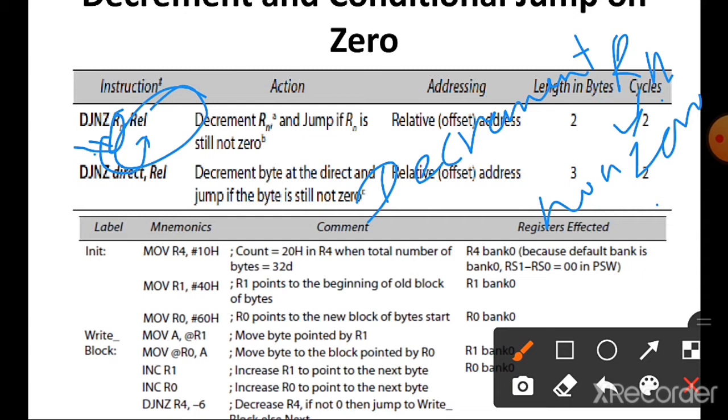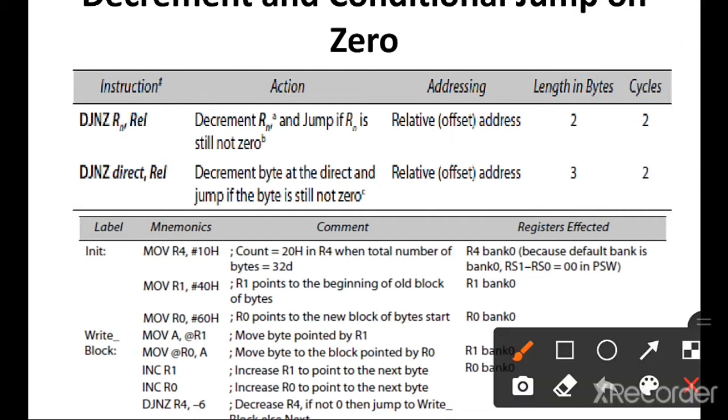Then another one is DJNZ direct, REL. Here direct is the first operand: decrement the byte at the direct address and jump to the location if the byte at the direct address is not 0.